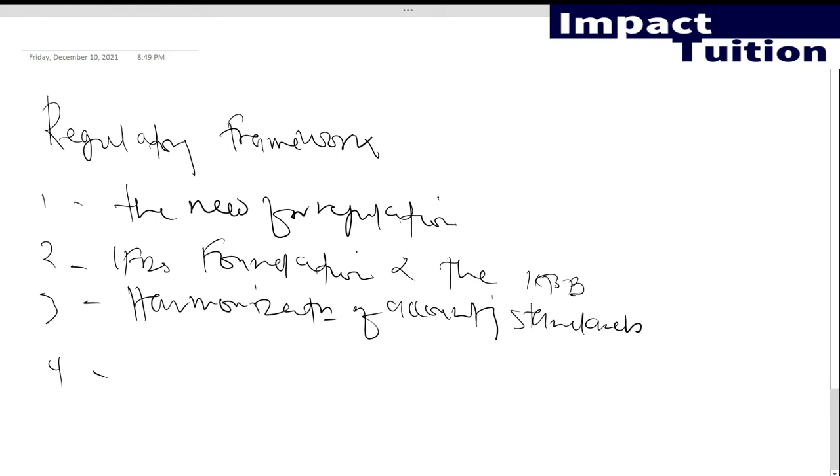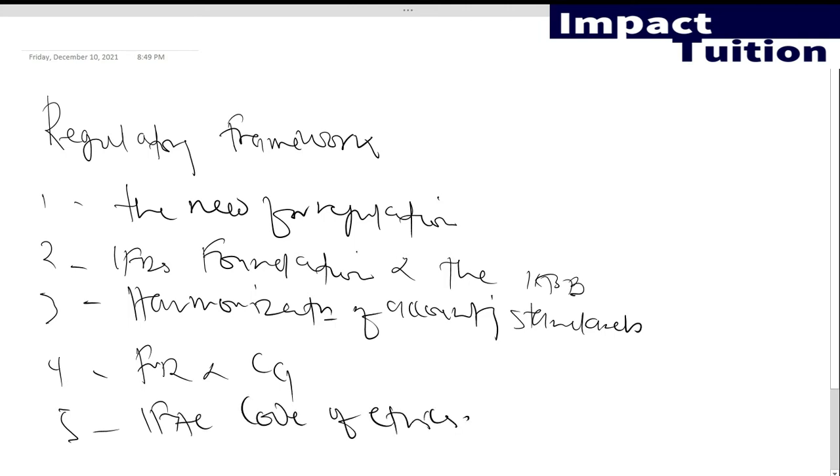Financial reporting and corporate governance. And then we'll end with the IFAC Code of Ethics. So this is our task for today. Let's begin.